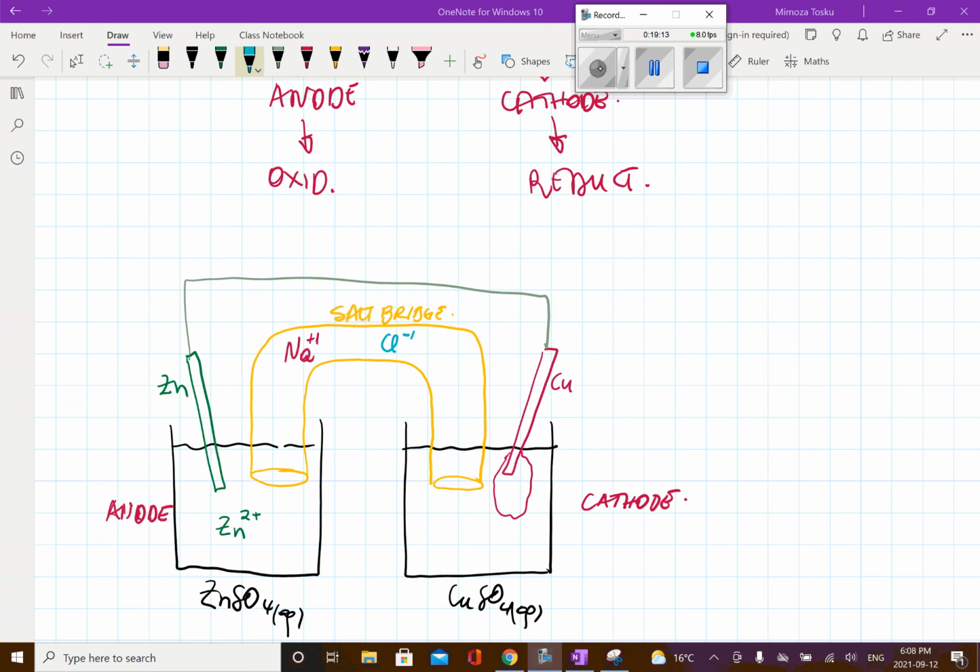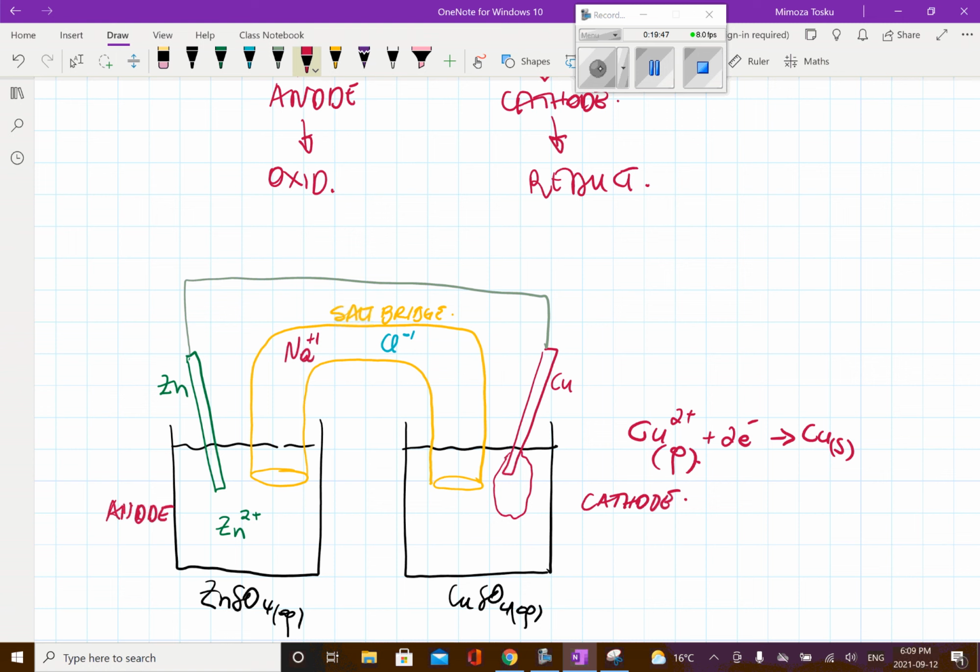It is needed in the cathode, because in the cathode Cu2 plus is being used up, becoming Cu metal: Cu2 plus plus 2 electrons becomes solid.